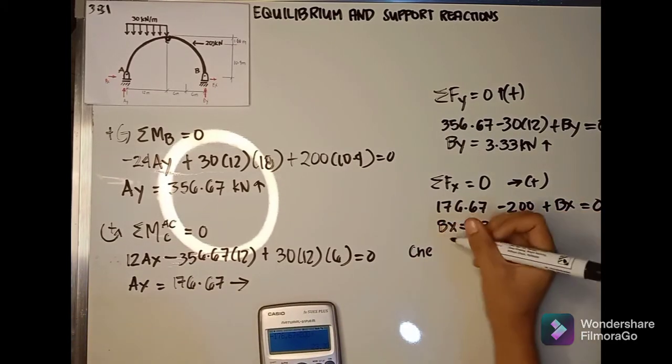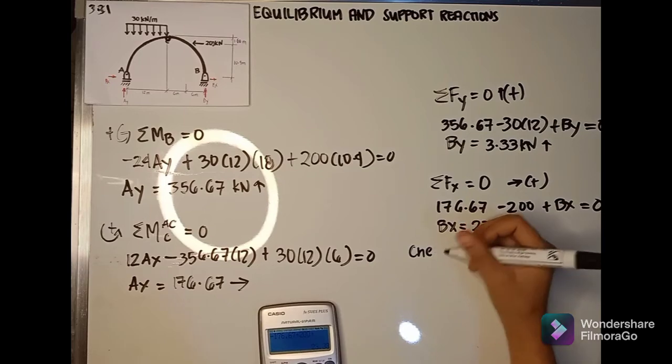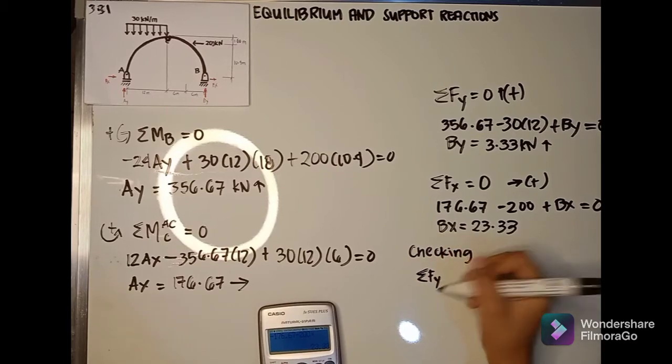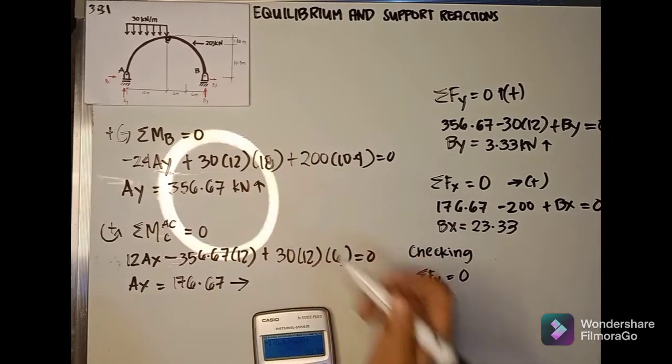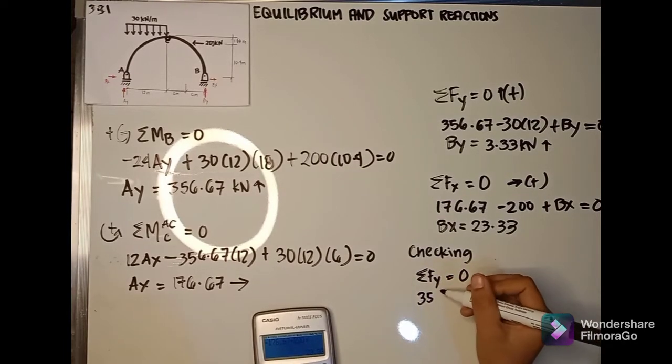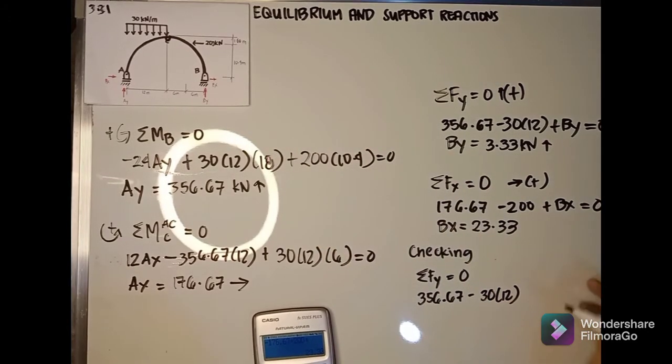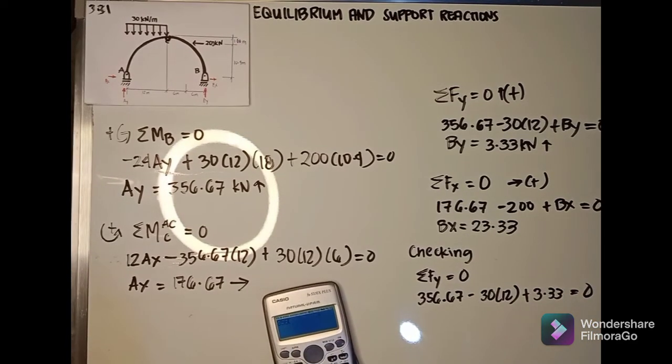Then, checking to make sure the answer is correct. Checking the vertical forces: AY, 356.67 minus 30 times 12 plus BY of 3.33 equals 0. 356.67 minus 30 times 12 plus 3.33 equals 0.